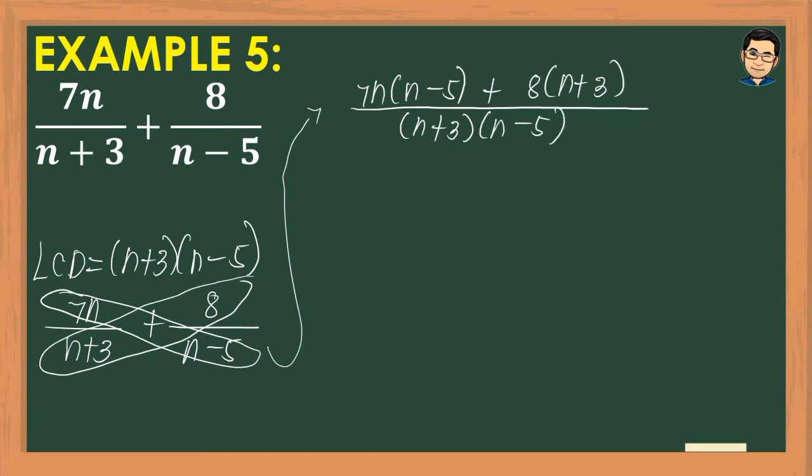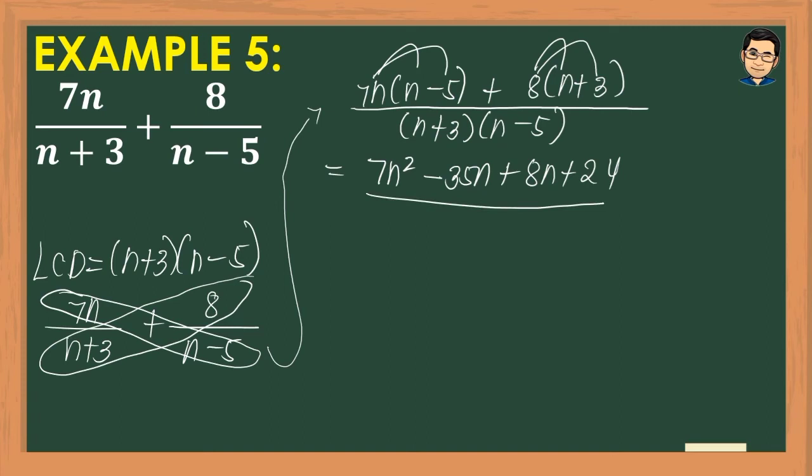Okay, next. 7n times n, that is 7n squared. 7n times negative 5, that is negative 35n. Plus 8 times n, that is 8n. 8 times 3, that is 24. All over n plus 3 over n minus 5.